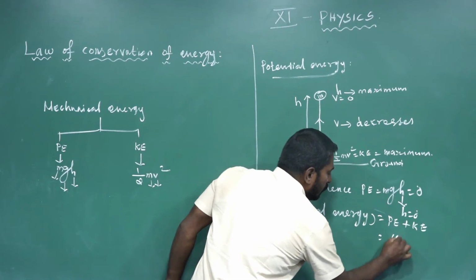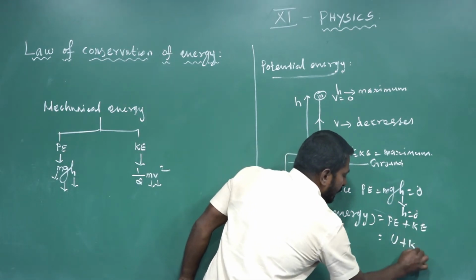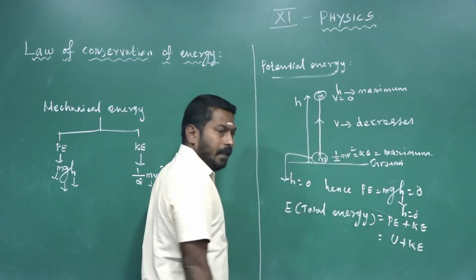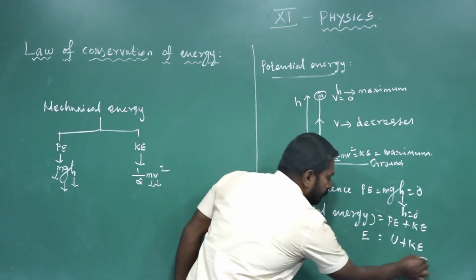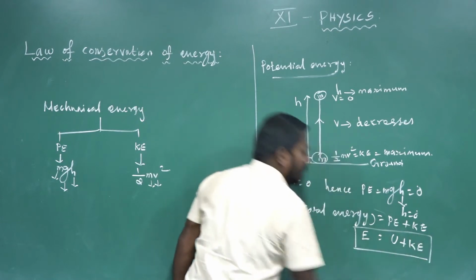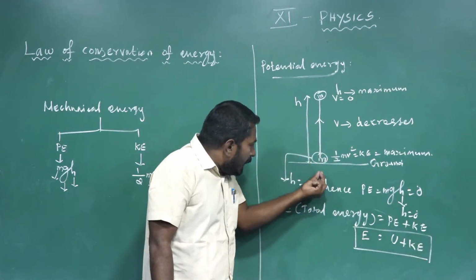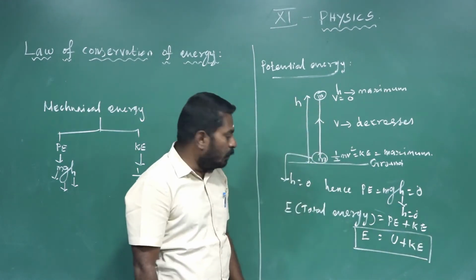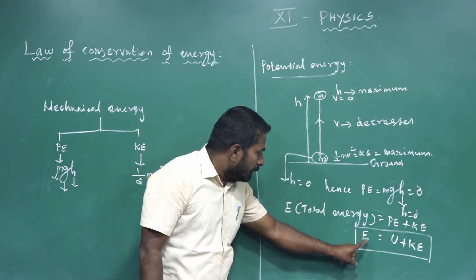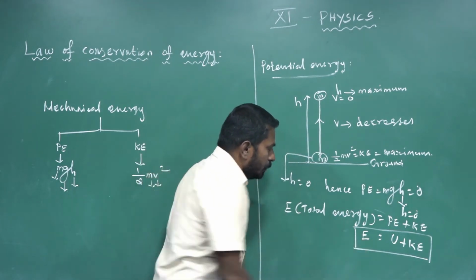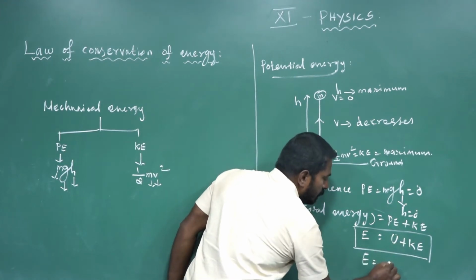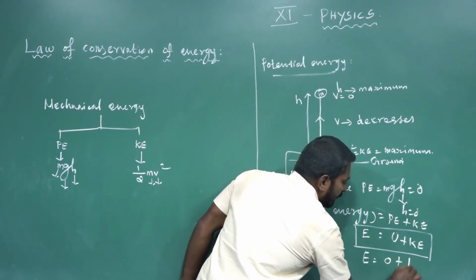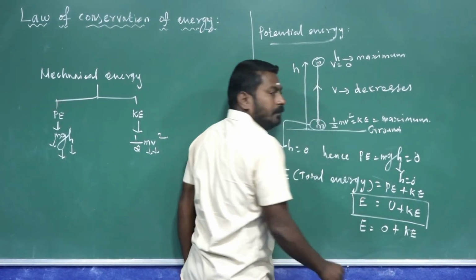Potential energy is denoted by the symbol U, the kinetic energy by Ke, and the total energy by the symbol E. So at the time the body is thrown upward, total energy E is equal to potential energy 0 plus the maximum kinetic energy.